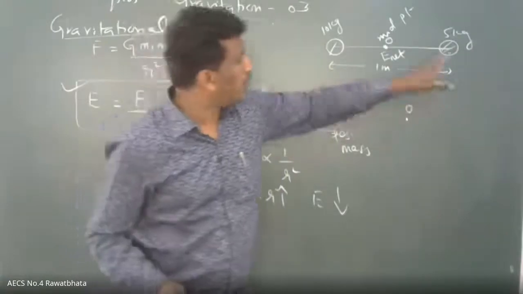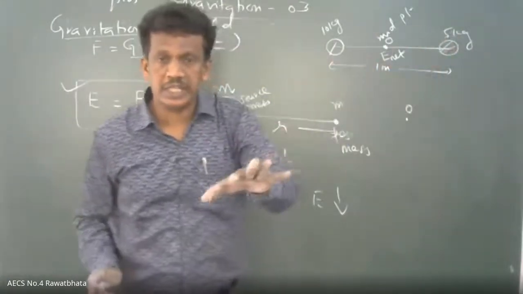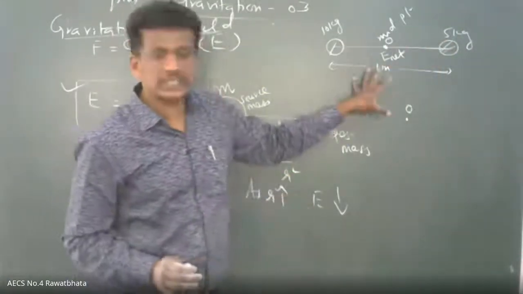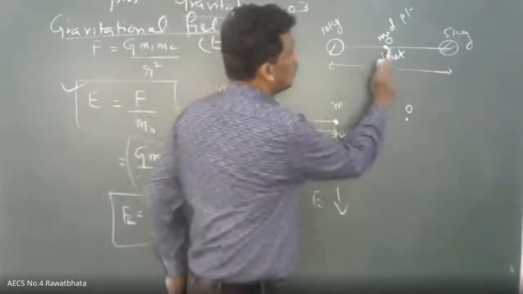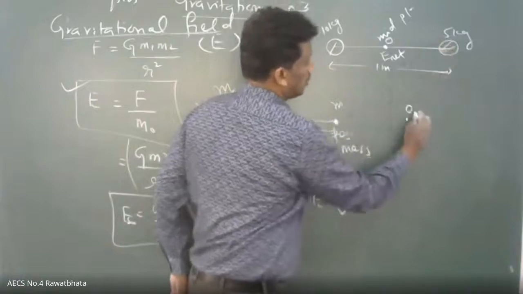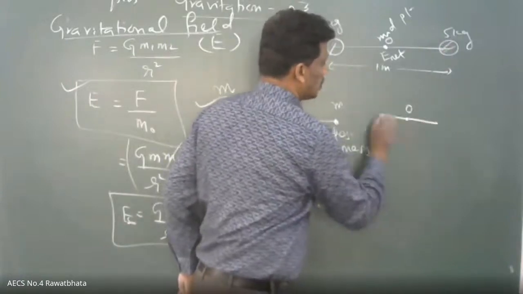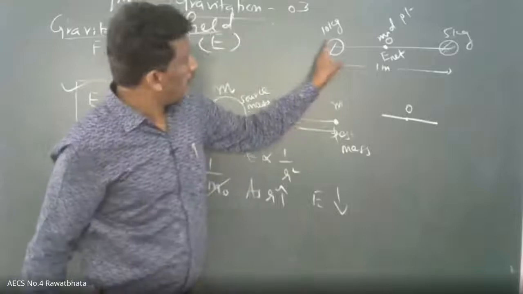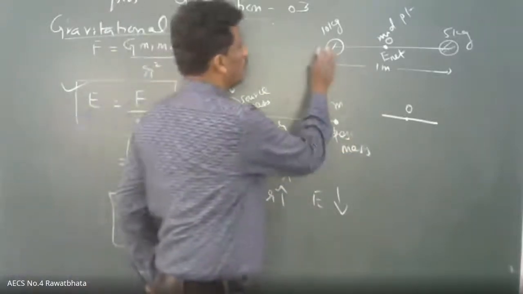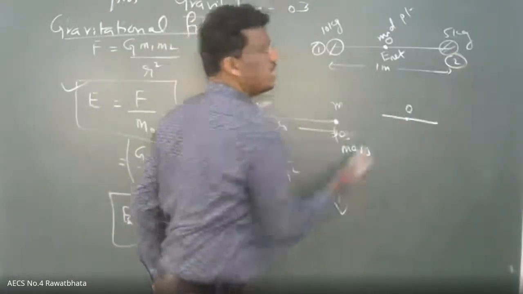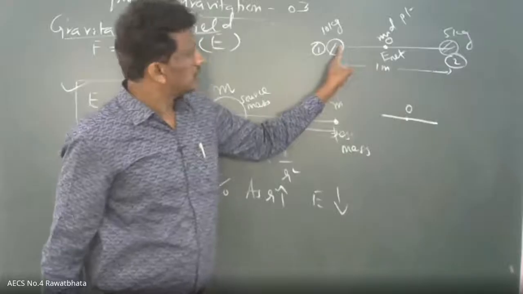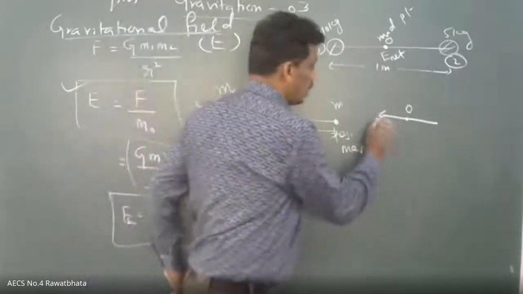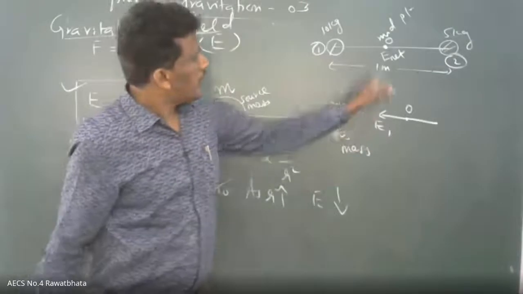Whenever mass is specified, you don't neglect it, you don't take it as a test mass. The same number of fields as masses you will get. So, due to 10 kg you have E1 and due to 5 kg you have E2. Where will E1 act?